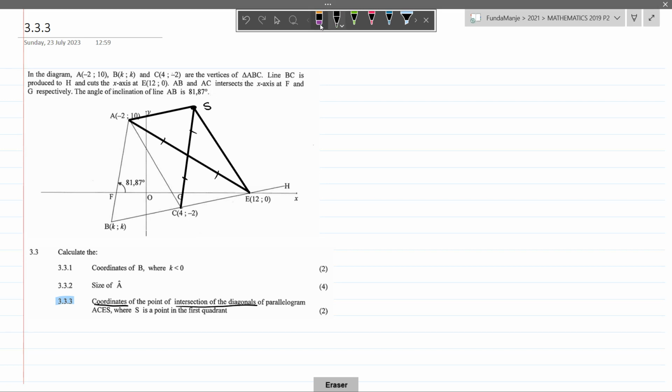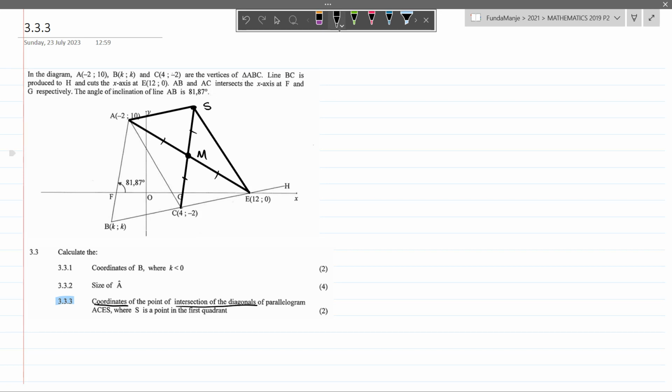So, using this notion, we can predict that the midpoint will be the intersection of the diagonals. Where our diagonals intersect, that's where our midpoint also occurs for each of the diagonals.